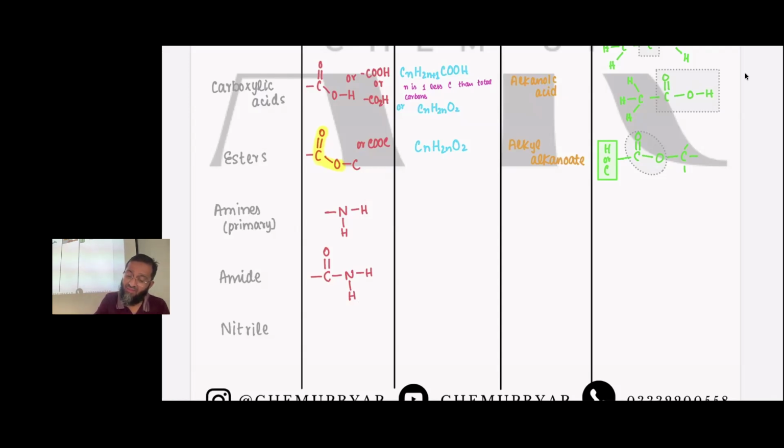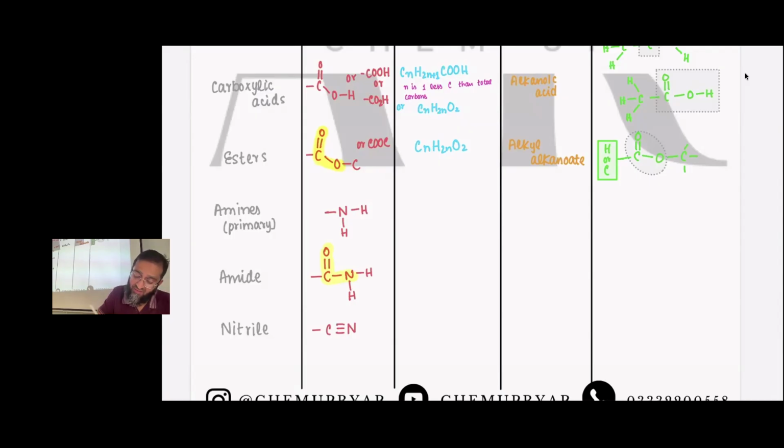Yes, the peptide bond is only this thing. It doesn't matter whether the nitrogen is further bonded to 2 hydrogens or the 2 alkyl chains. That is the simplest amide with the 2 hydrogens. Okay. And then the last one is nitrile, where a carbon has a triple bond with nitrogen.